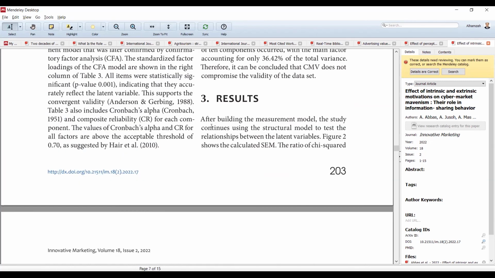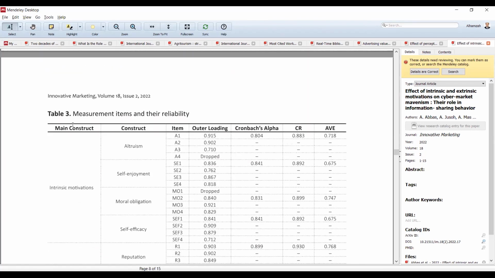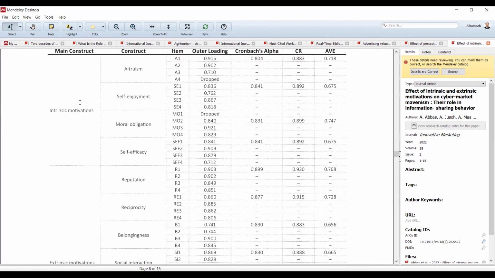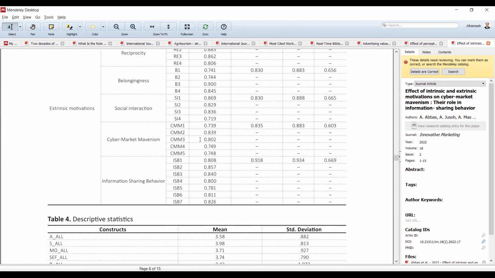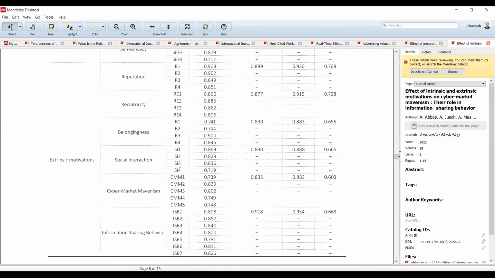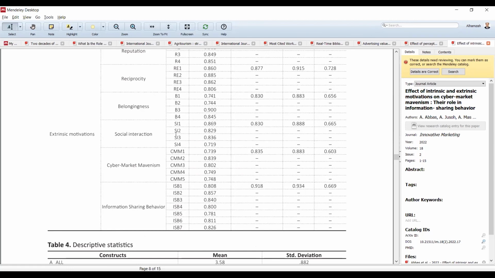You can see the results here. I start talking about the measurement model for the main constructs, and this is the numbering here. I will not go into details talking about this. Inshallah, I will make another workshop in the future talking about the analysis part, especially for social science and using different software like SPSS or PLS.